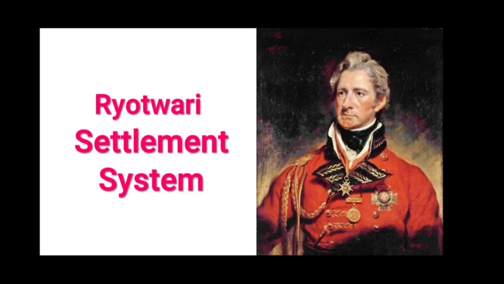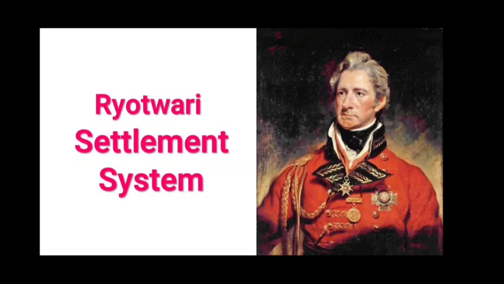So simple as that. In the permanent settlement, a zamindar was supposed to take the revenue from the peasants. In Mahalwari, the village headman, 2 or 3 villages will group together, and the village headman will collect the revenue from all the villages. Next we have the Riot system.